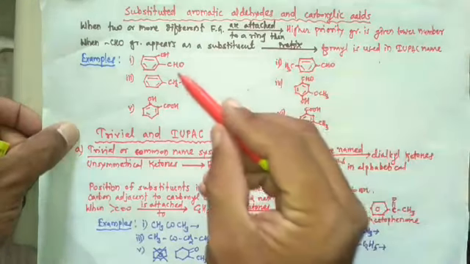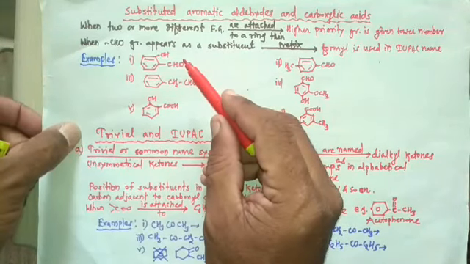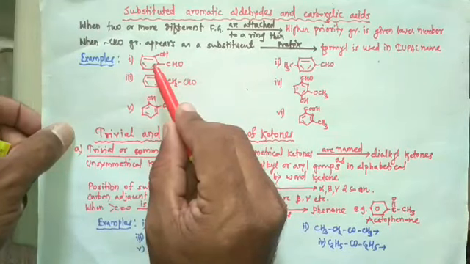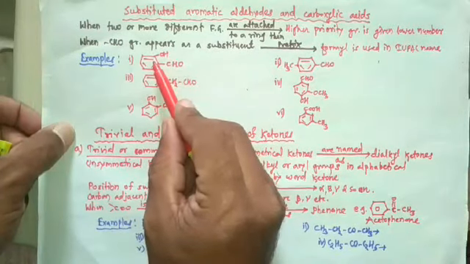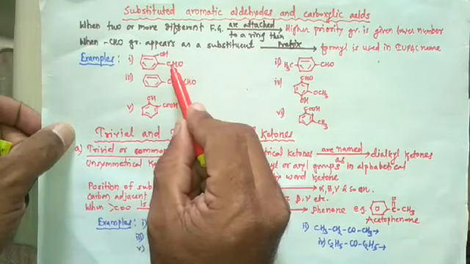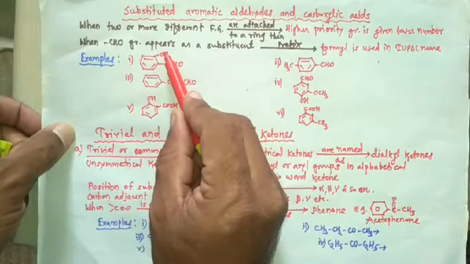Let's try to solve some examples. See the first example. Here the benzene ring is attached to two different functional groups: one is an aldehyde group and the other is a hydroxyl group.